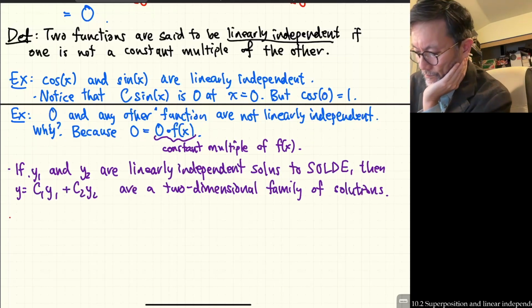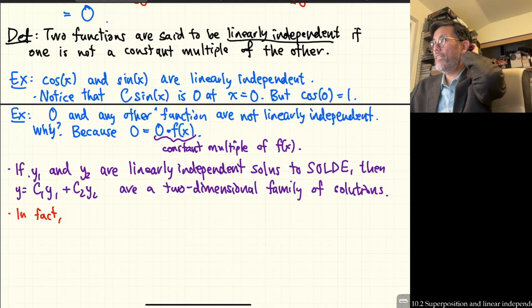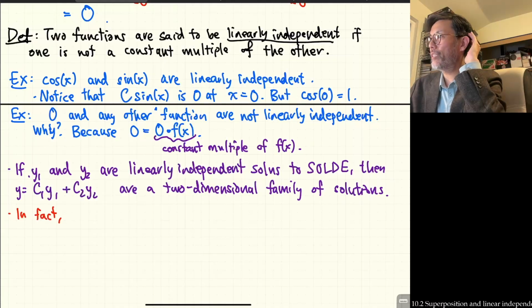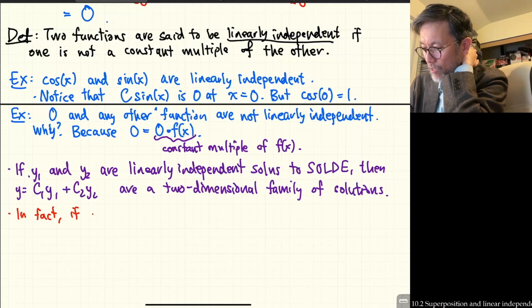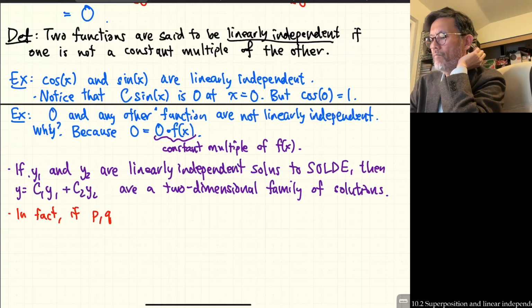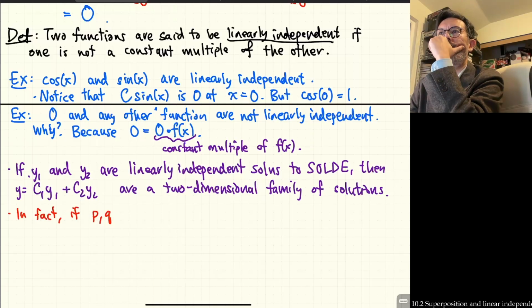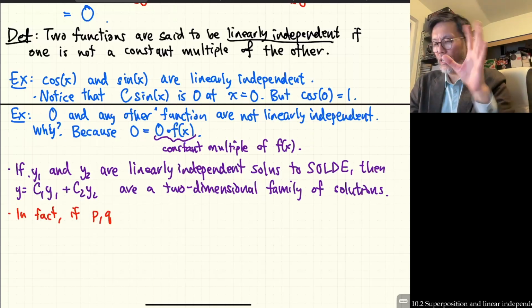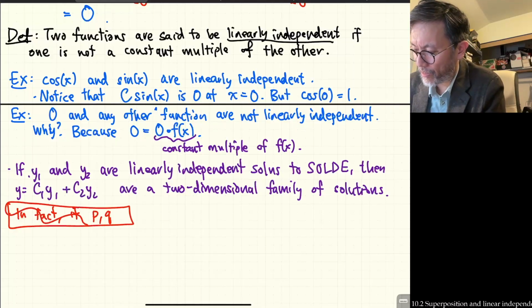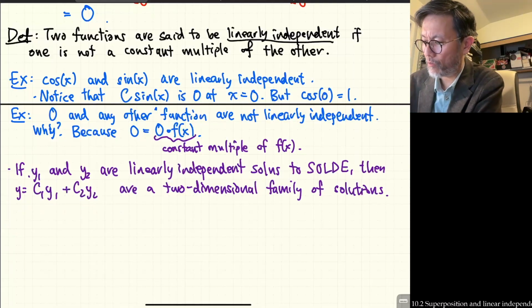In most situations that we are going to encounter, in particular, in our second order linear differential equation, so remember we had P, Q, and how do I want to say this? Maybe let me say it in a different way. I just thought it through, and I need to say it in a slightly different way.